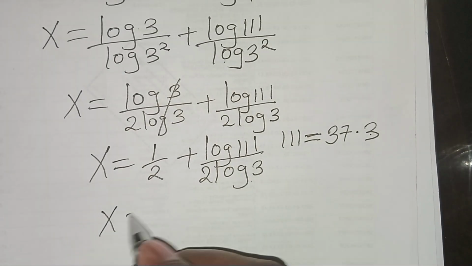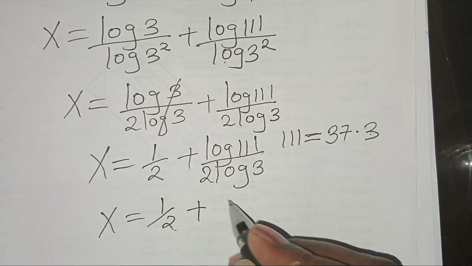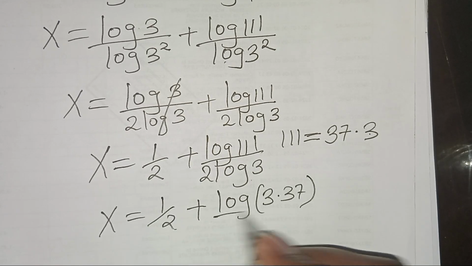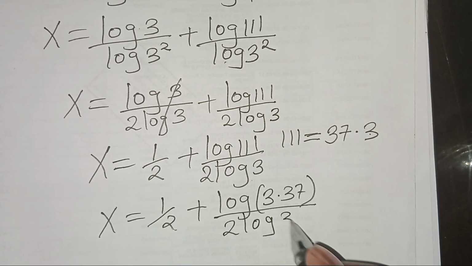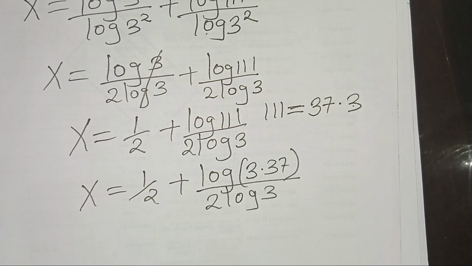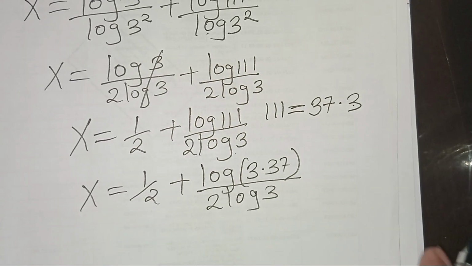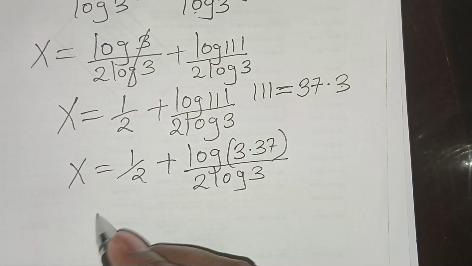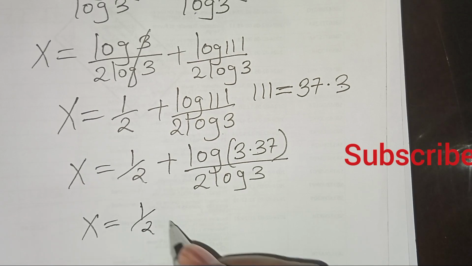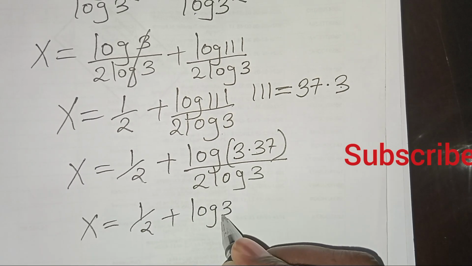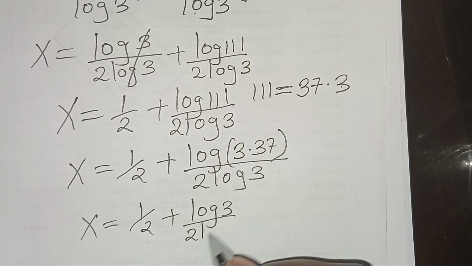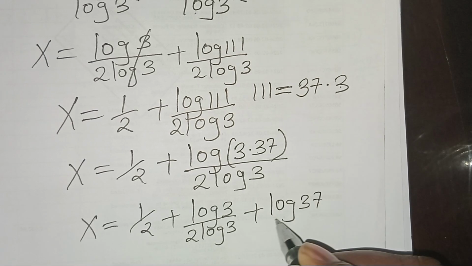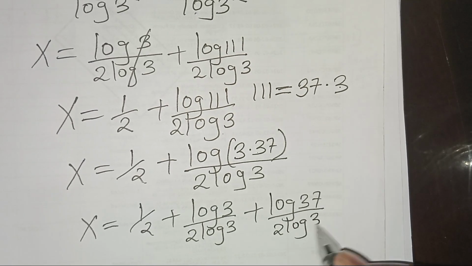So we'll have x is equal to half plus log 3 times 37, all this divided by 2 log 3. So the next step here, log 3 times 37, applying this logarithm property, then it follows that x is equal to half plus log 3 divided by 2 log 3 plus log 37 divided by 2 log 3.